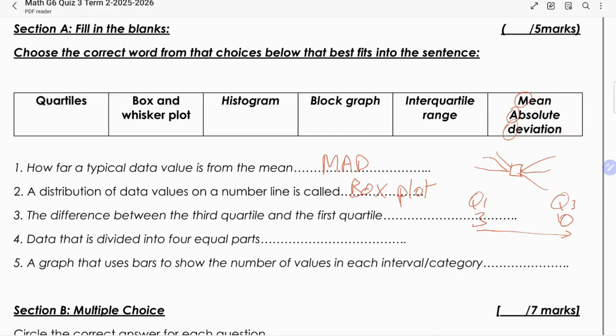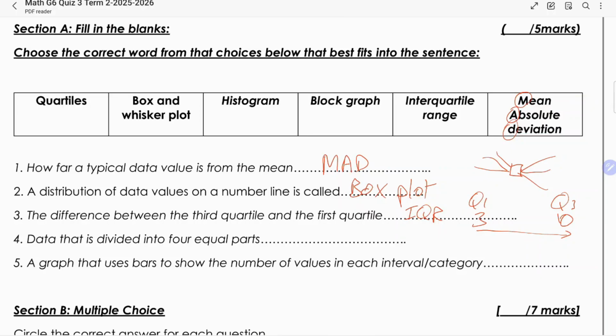How would we find the distance from 3 to 10? You would subtract the numbers from each other. So Q3 minus Q1 is 10 minus 3, which is 7. That's just an example. Again, I'll show you this in more detail in other videos. So the answer here is interquartile range, but you could just put IQR for short.